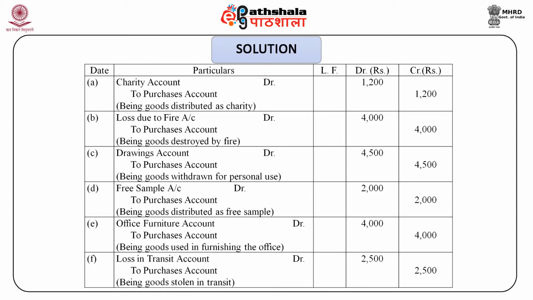The entry will be furniture account debited by 4000 rupees to purchases account as the goods have been used for furnishing the office. F. Goods costing rupees 2500 stolen in transit. The entry will be loss in transit account debited by 2500 rupees to purchases account as the goods have been stolen in transit.